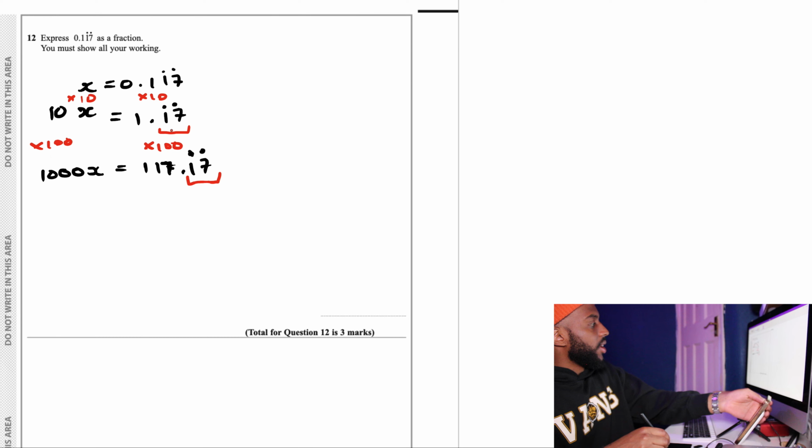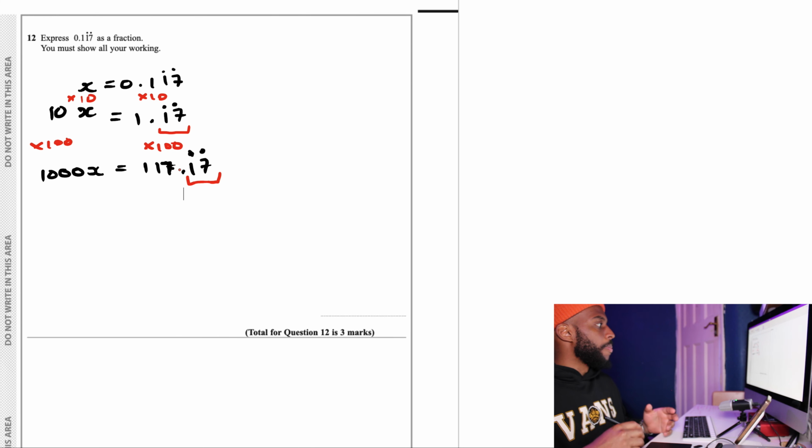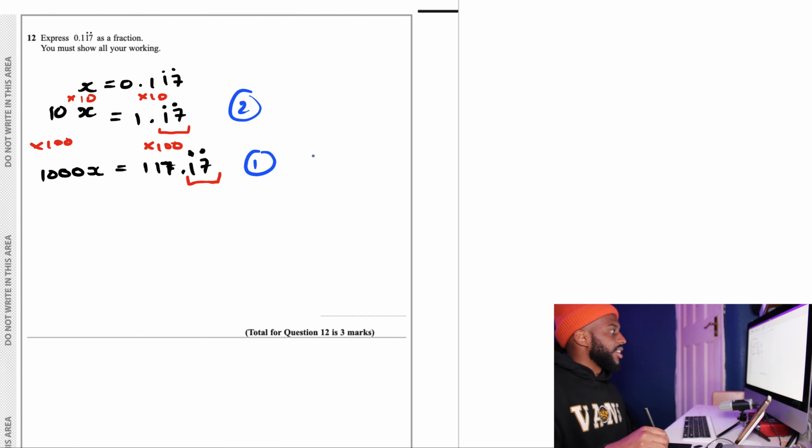And as you can see, now that we've got two of these with our recurring 17, we can minus them to get rid of that recurring part. So what we're going to do is this line minus this line. So 1000x minus 10x gives us 990x.